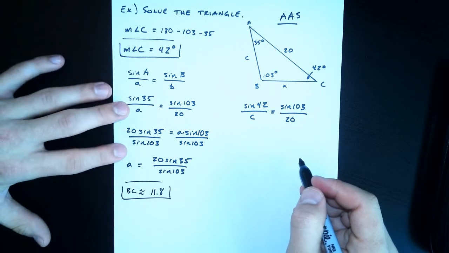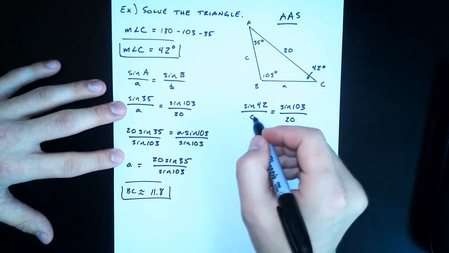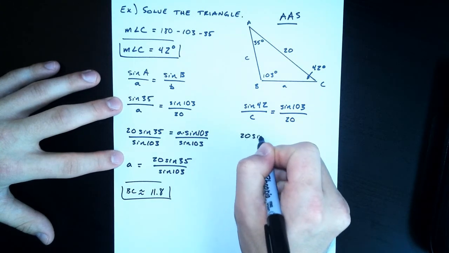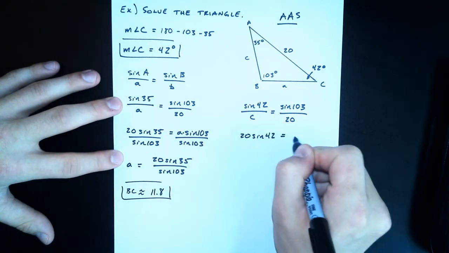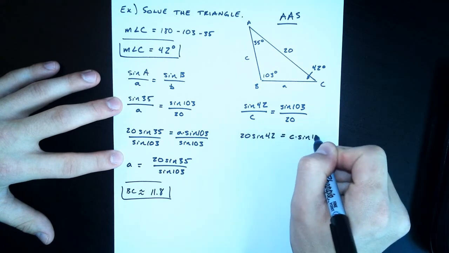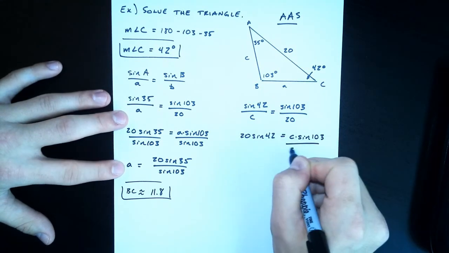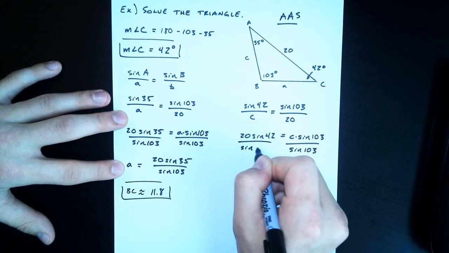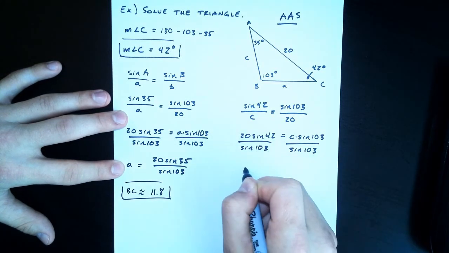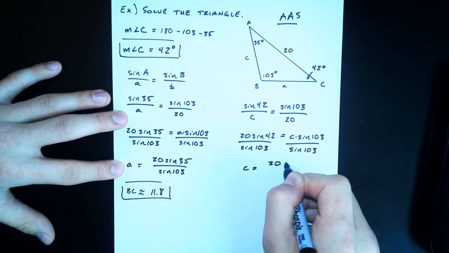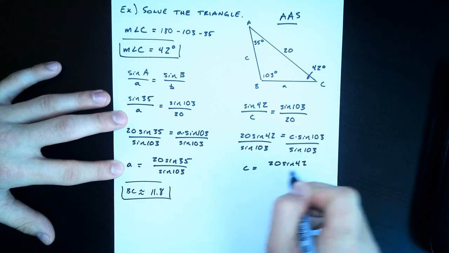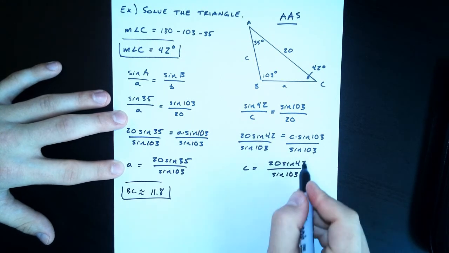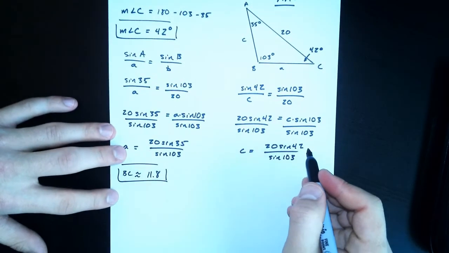So just as we did for A, we'll do the cross product. And we have 20 times the sine of 42 equals C times the sine of 103, and dividing by the sine of 103, we end up with something very similar to what we had earlier, but we do have a different angle measure in there now.